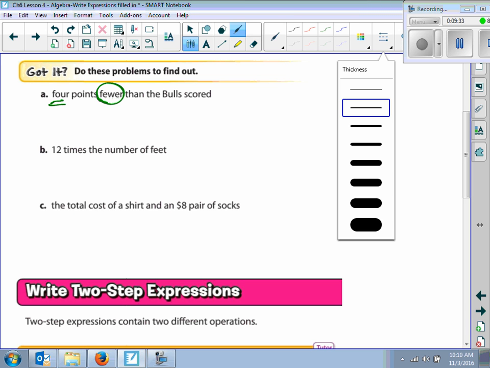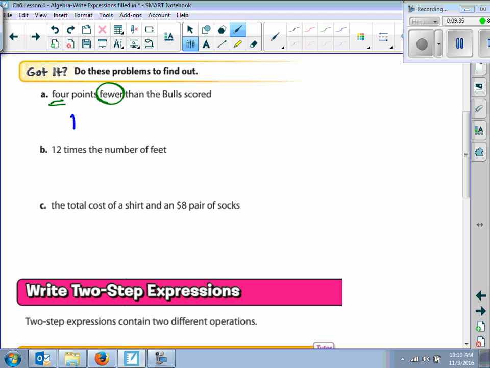So we can say that P is equal to points. So 4 fewer than P. How do I write 4 fewer than P? P minus 4. And there's your expression.